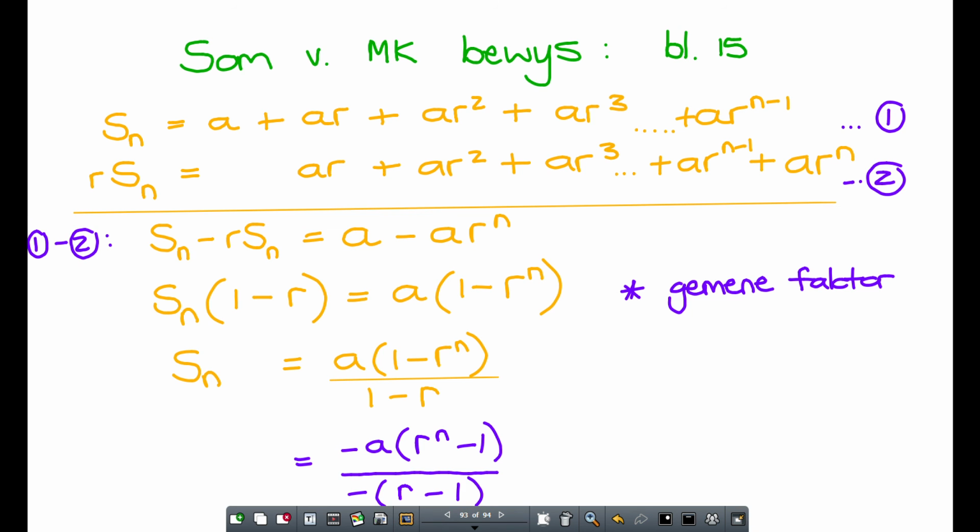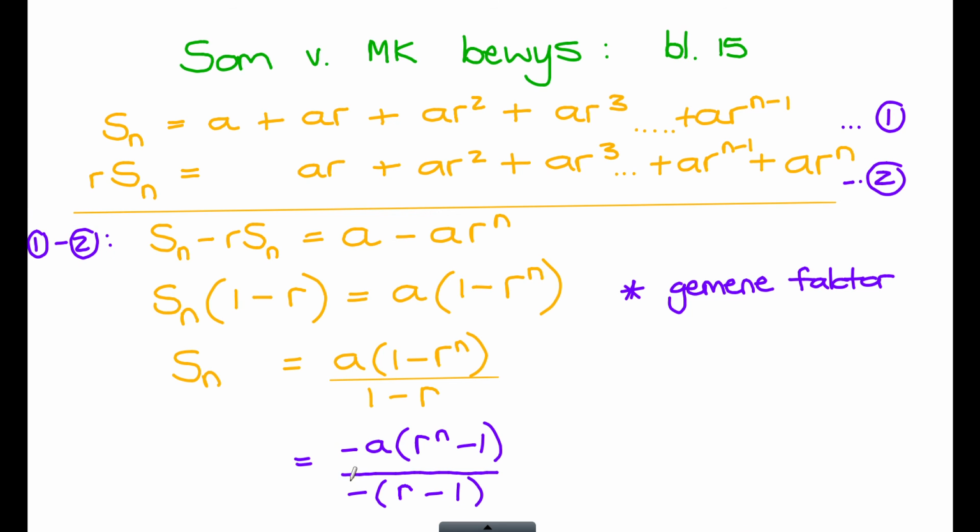Maar, wat ek wil hê jy moet sien, is daai gaan mos mekaar uitkanseleer. So dit is hoekom hy lyk presies dieselfde, maar die R en die 1 is omgeruil. Okay, so don't get confused. It's exactly the same thing.